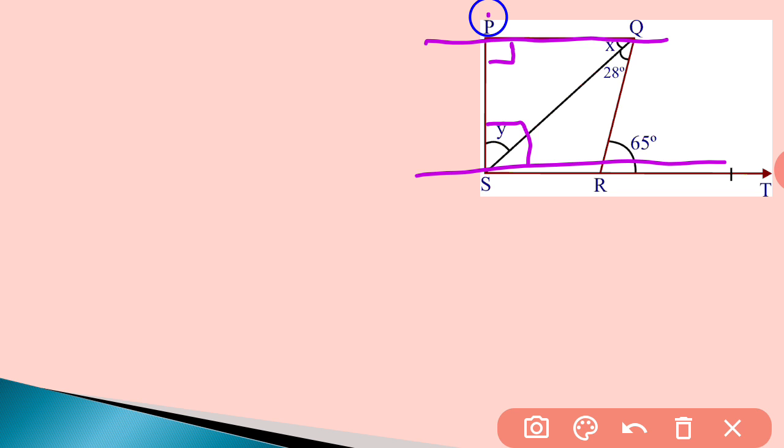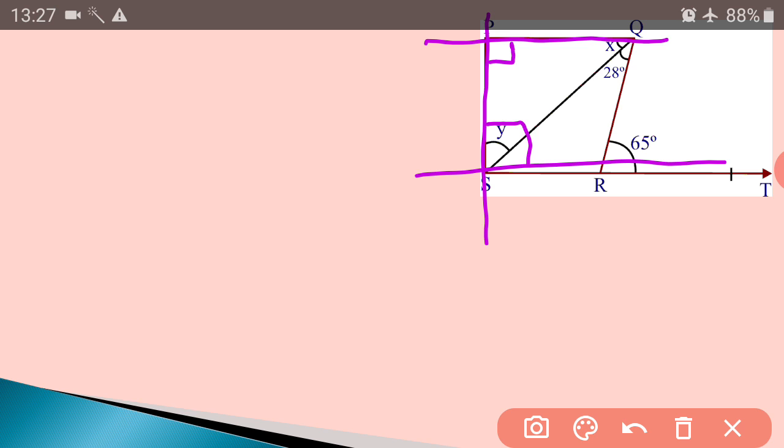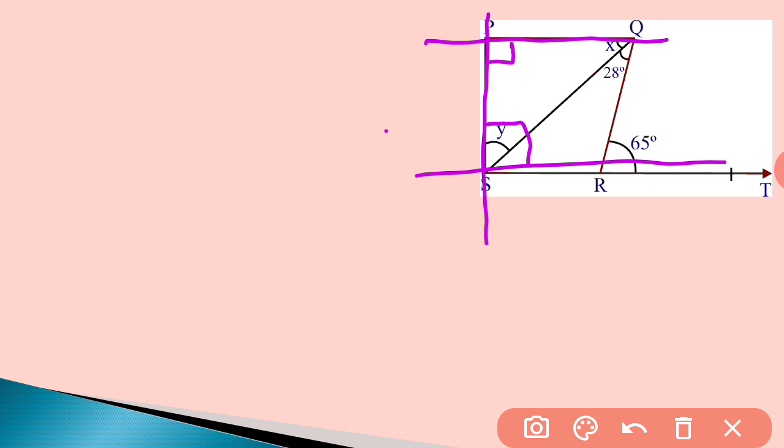This is true because PS is a transversal and angle P and angle S are co-interior angles. We know that the sum of the co-interior angles is 180 degrees. One is 90, so the other will also be equal to 90 degrees.